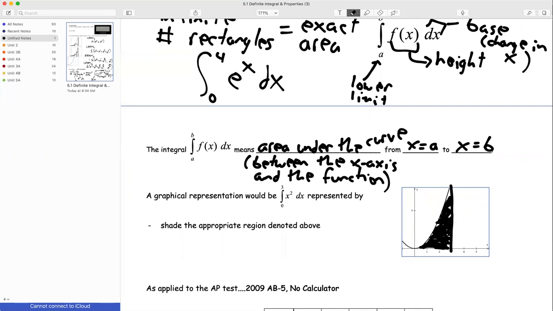So just to be clear, when I have this symbol, the integral from 0 to 3 of x squared dx, I'm finding the area of this region, and I would end up with an exact numerical answer for that, which gives me not an approximation like a Riemann sum or a trapezoidal rule, but the exact area under the curve.